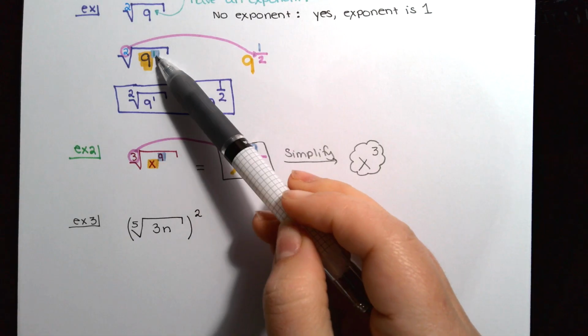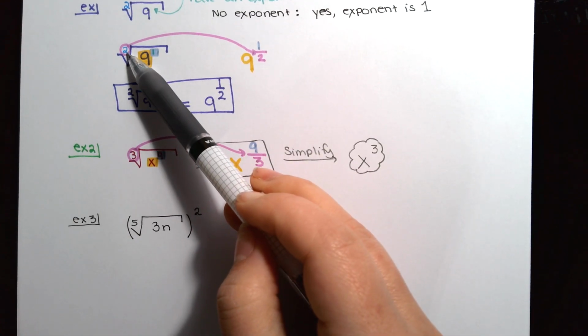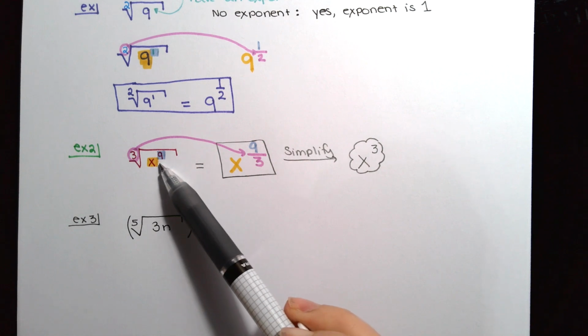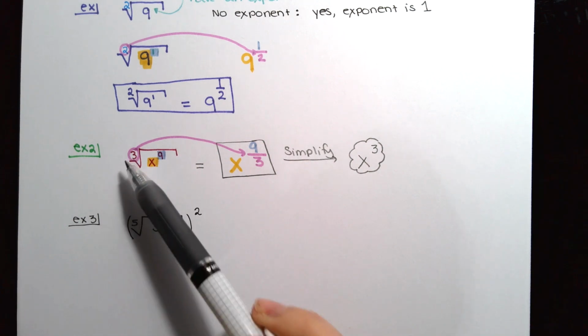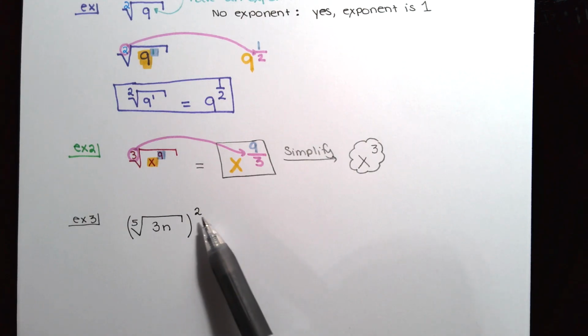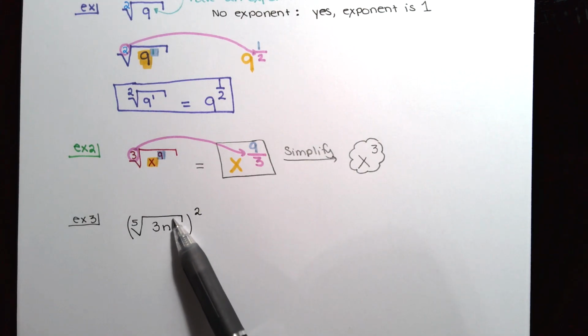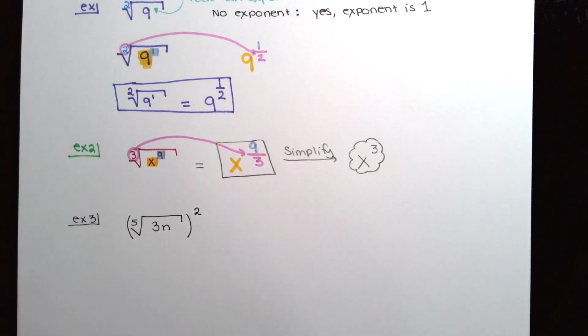We got a 9, we got a secret 1 as an exponent, we got a secret 2 as an index. Here we had a variable x, we had an exponent of 9 and an index of 3. Here we have a combination with a number and letter. We do not see an exponent on the inside. Yes, we see an exponent on the outside, and then an index of 5. What's really cool about radicals is it doesn't matter where that exponent is.